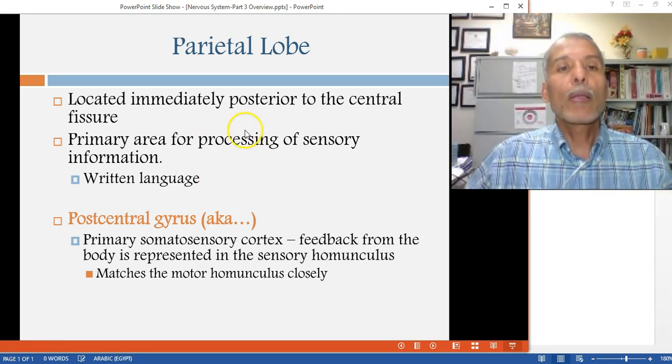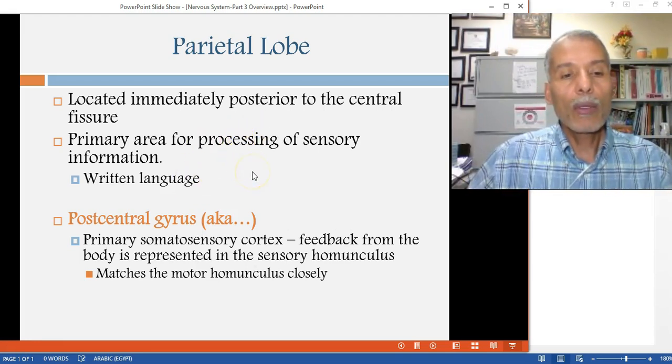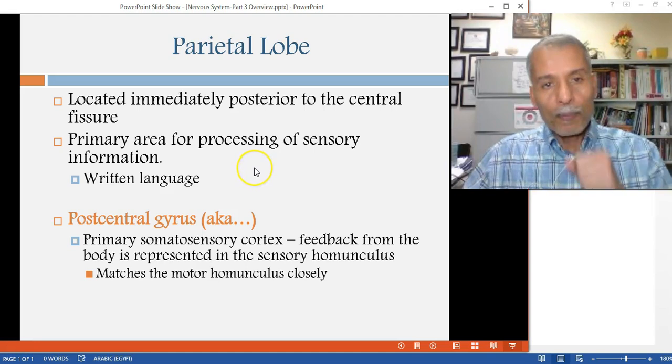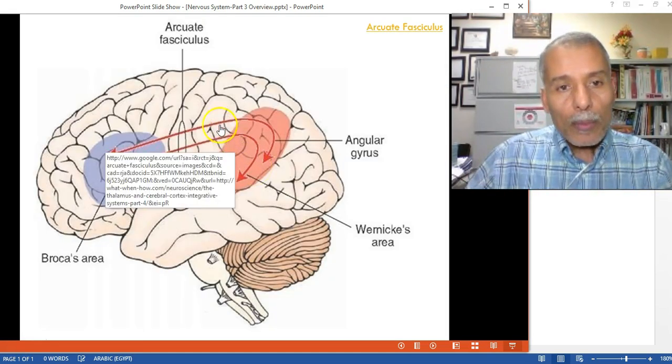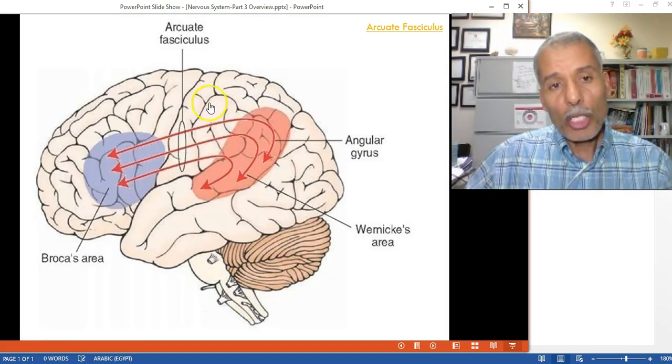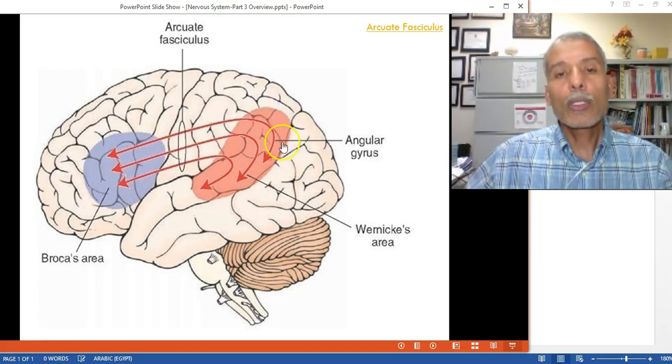And then the parietal lobe, the location of it. It lies posterior to the central fissure, or the Rolandic fissure, and it lies anterior to the parieto-occipital sulcus.